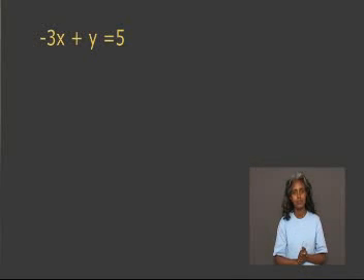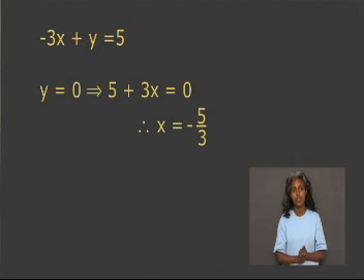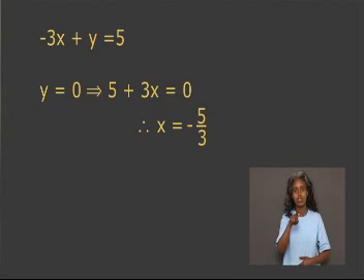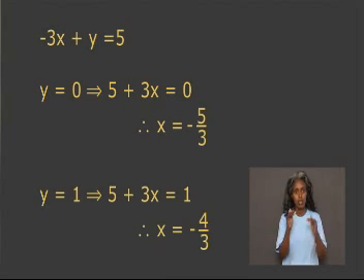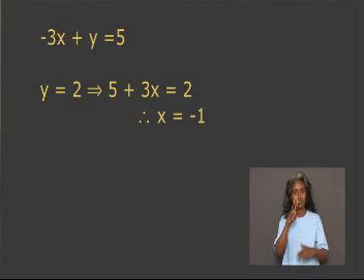Now let us look at the second system of equations. We will begin by solving negative 3x plus y equals 5. Where y equals 0, the equation becomes 5 plus 3x equals 0, and the value of x is negative 5/3. Where y equals 1, x is negative 4/3. Where y equals 2, x is negative 1.